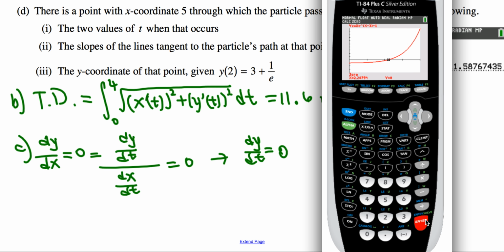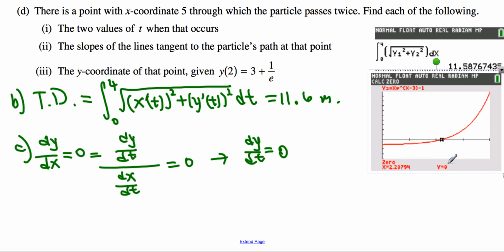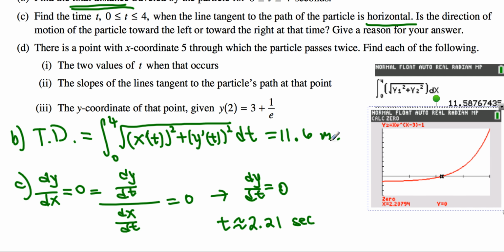And guess. That's right. So that's the value that we end up getting. Here we have 2.207. So t was about 2.21-ish seconds.